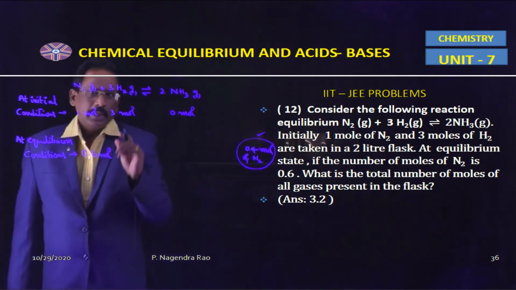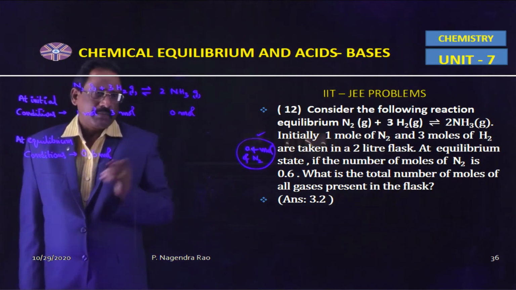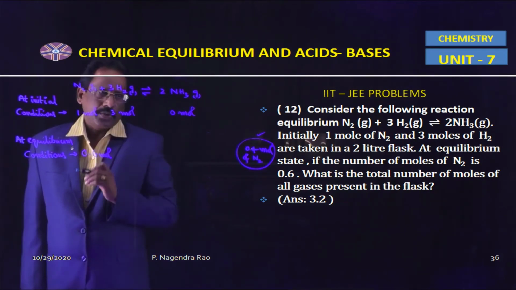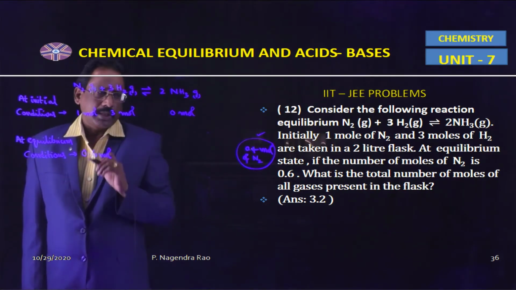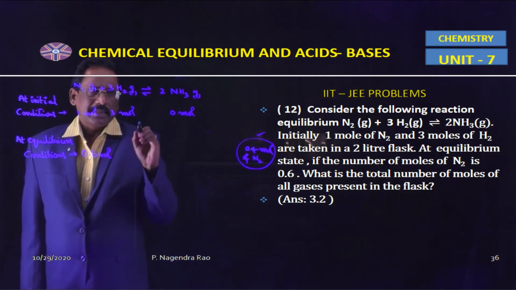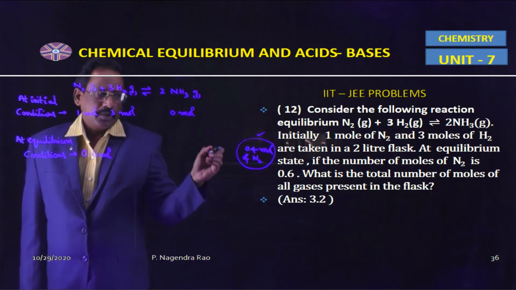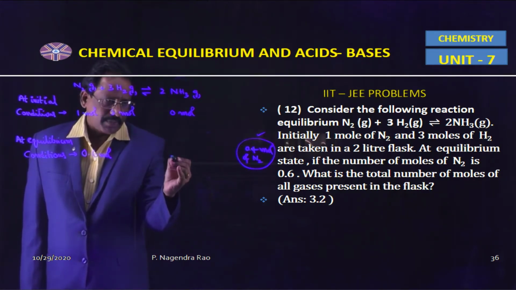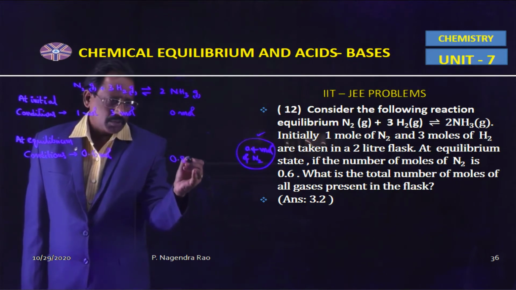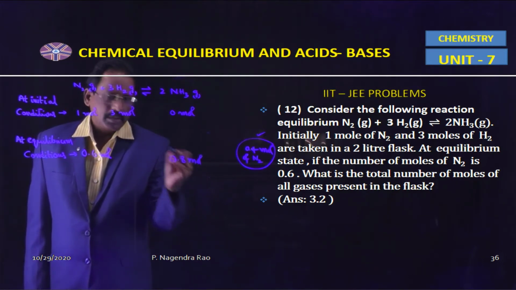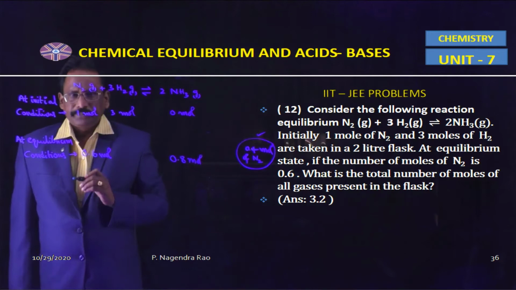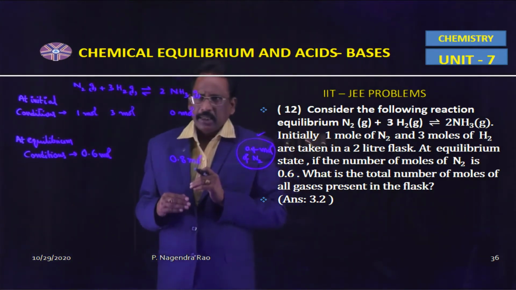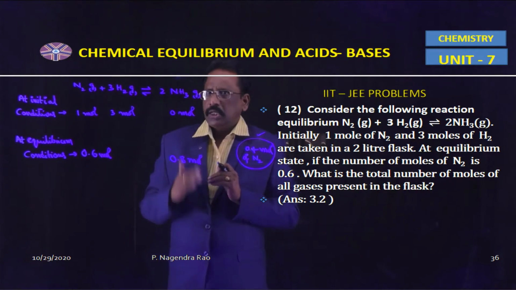So the number of moles of ammonia gas formed is in 1:2 ratio. For 1 mole, 2 moles of ammonia gas will be formed. For 0.4 mole, the number of moles of ammonia gas formed is equal to 0.8 mole. Originally, 1 mole of nitrogen gas produces 2 moles of ammonia.